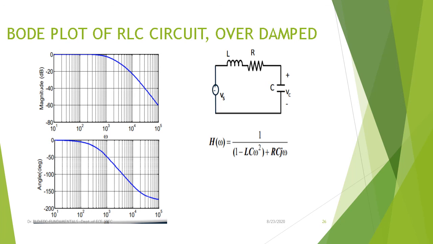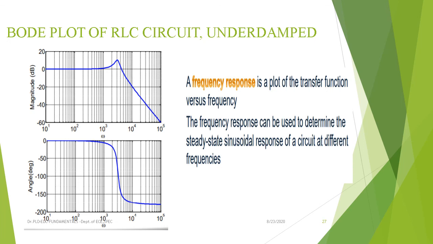This is the equation of H of omega. If we plot magnitude versus angular frequency and angle versus angular frequency, this is the Bode plot for magnitude and angle.